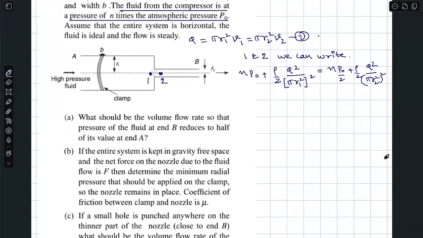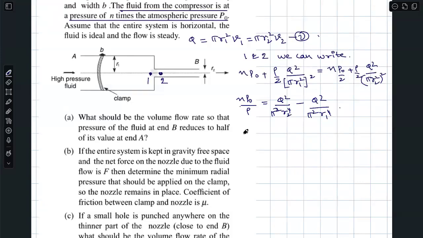By solving which you will get nP naught by rho, equal to Q square by pi square R2 to the power 4 minus Q square by pi square R1 power 4.